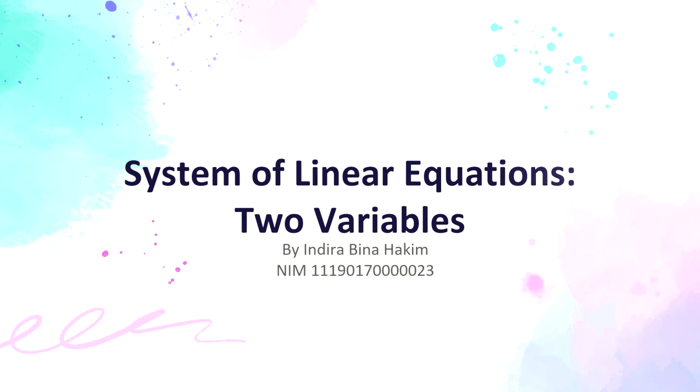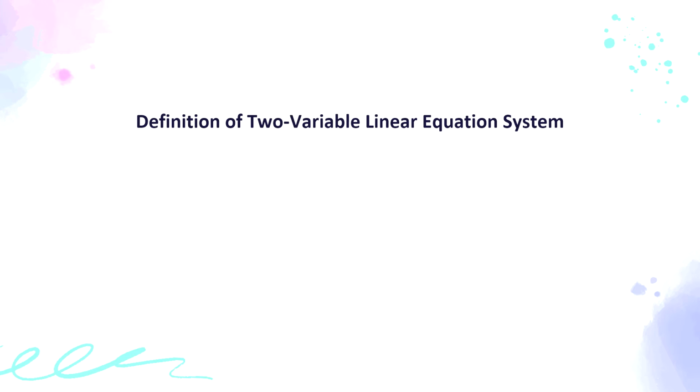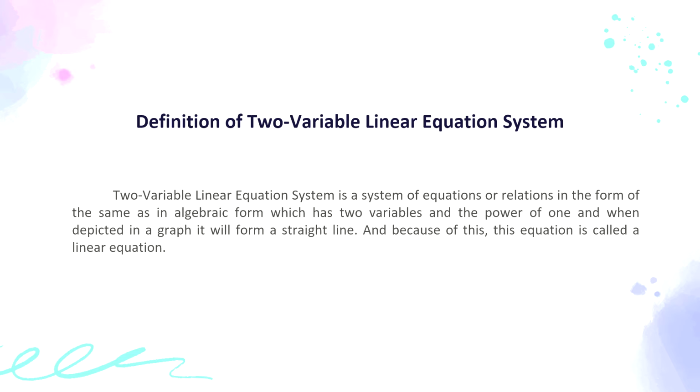Alright, let's get started. First, we'll talk about the definition of a two-variable linear equation system. A two-variable linear equation system is a system of equations in algebraic form, which has two variables with the power of 1, and when depicted in a graph, it will form a straight line. Look at this picture. We can see this graph has a straight line.